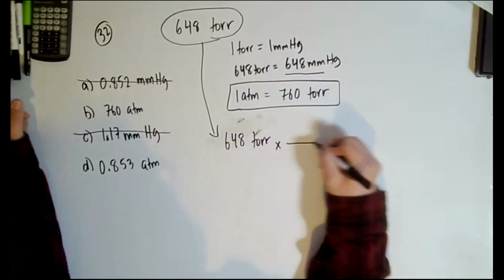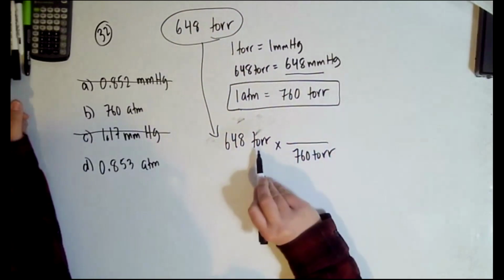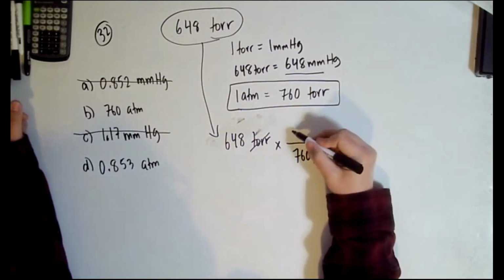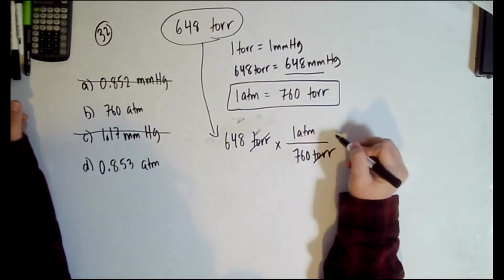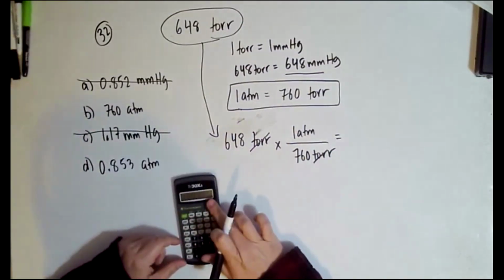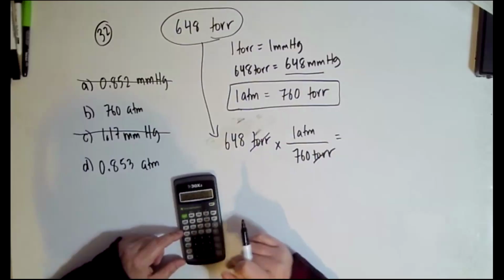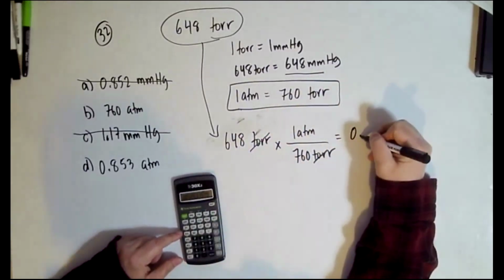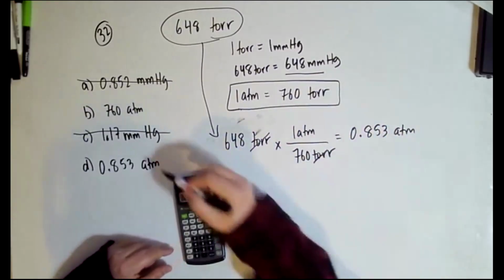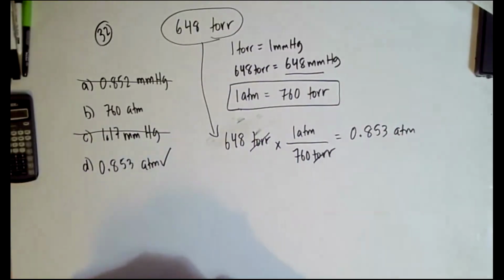And then we're going to say every 760 torr, right? If torr is on the top, then torr is going to be on the bottom so that the units cancel. Every 760 torr is 1 atmosphere. And this is where we get our 0.853 ATM. And that's how we know that answer choice D is the correct answer for that question.